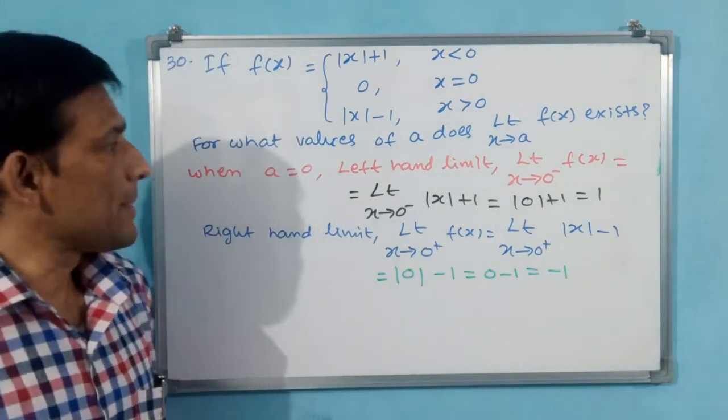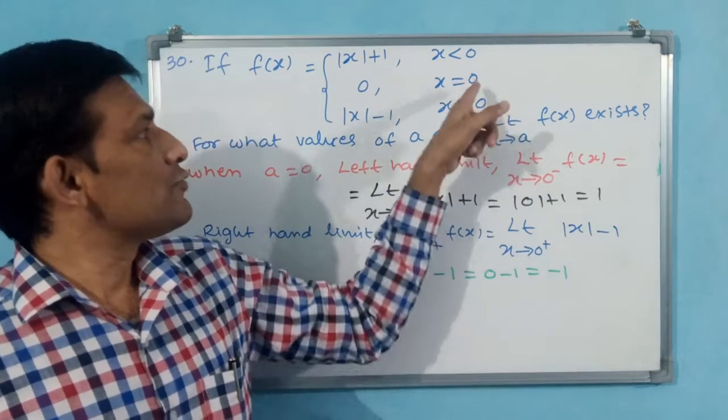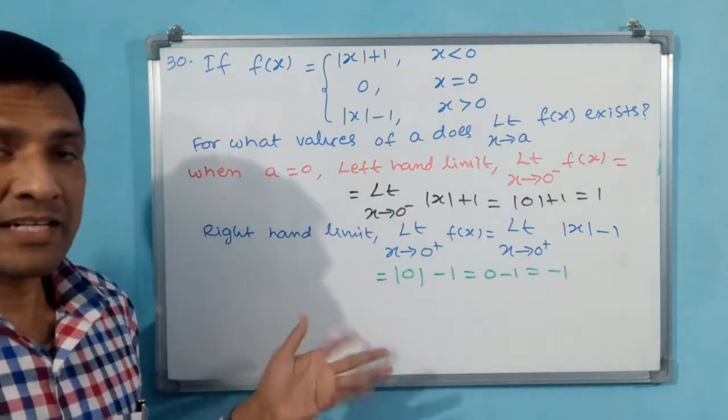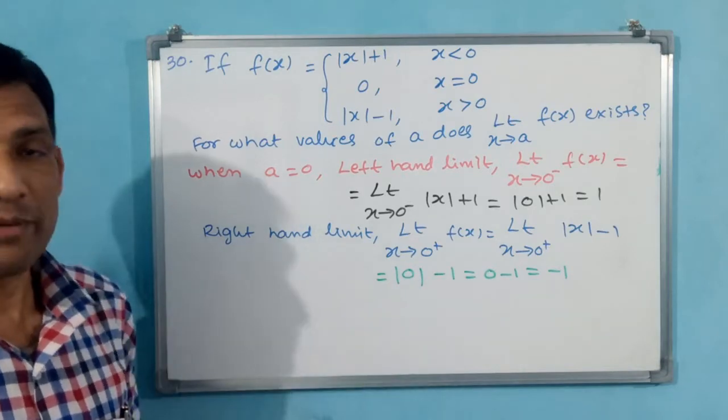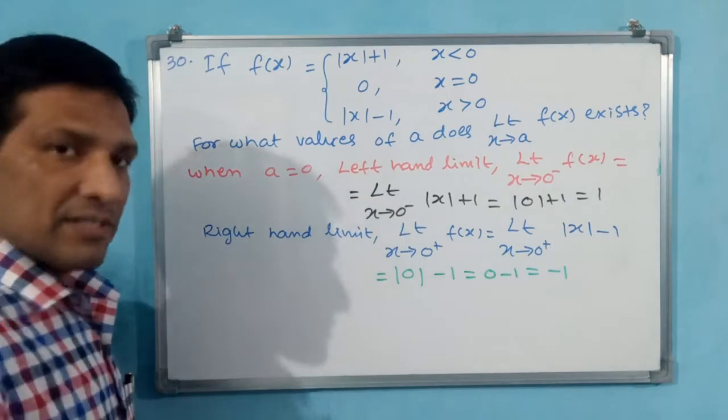Now you tell me, for 0, 1, minus 1, 0, 3 figures are there. That is why the limit does not exist at 0. That means a should not be equal to 0. That you have to write. See, I am writing.